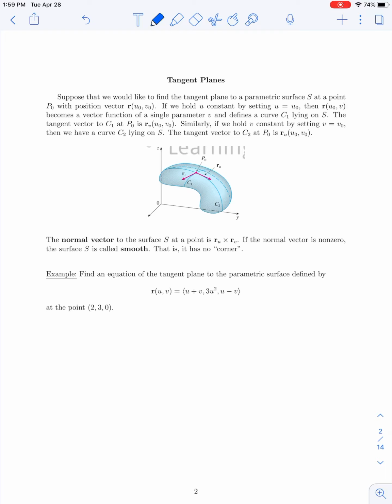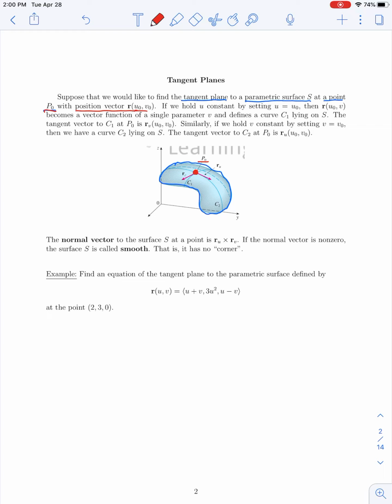So let's suppose that we have some parametric surface S, shown here in blue. It may not be the graph of a function. And we are interested in finding the equation of a tangent plane to that surface at a point P naught. So here's some point P naught that lies on our surface, which has a corresponding position vector r of u naught v naught.